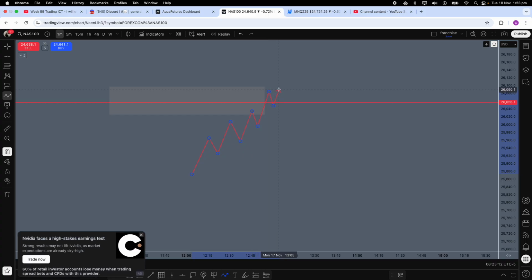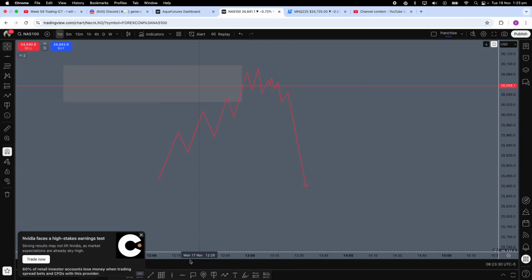Now we're seeing an even smaller one, and then an even smaller one here. So this is the higher time frame, this is the lower time frame.